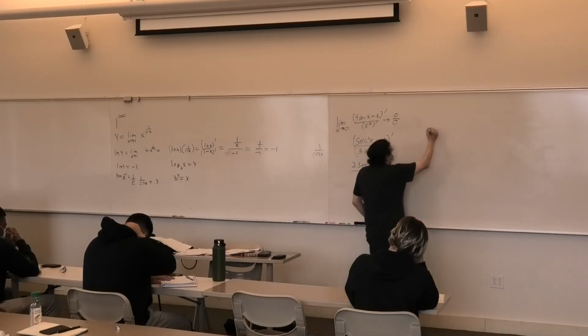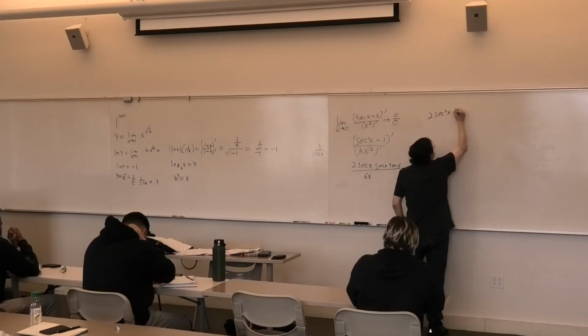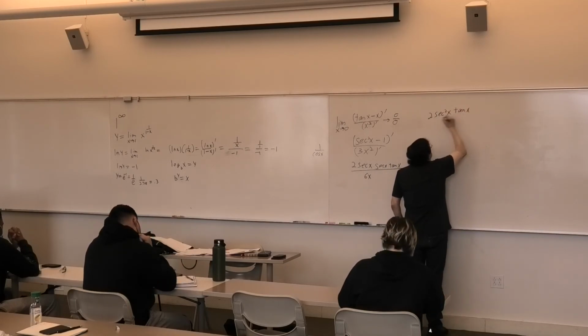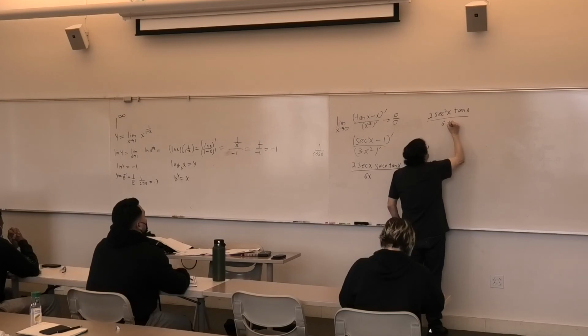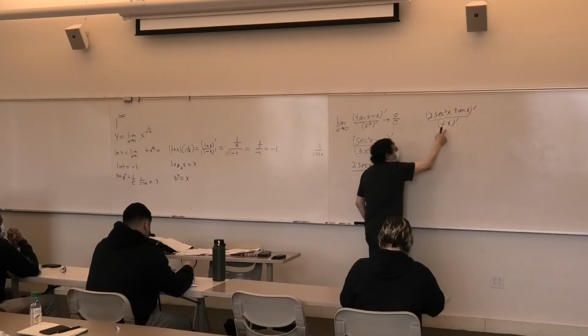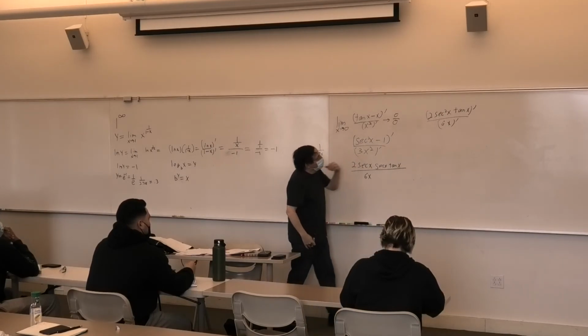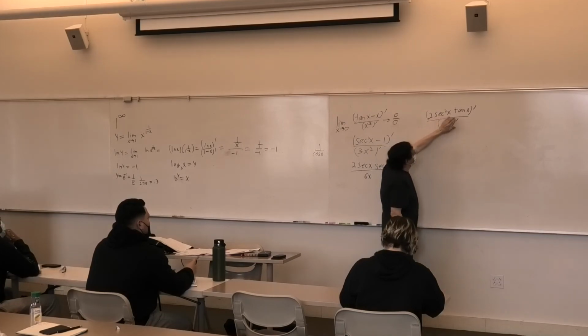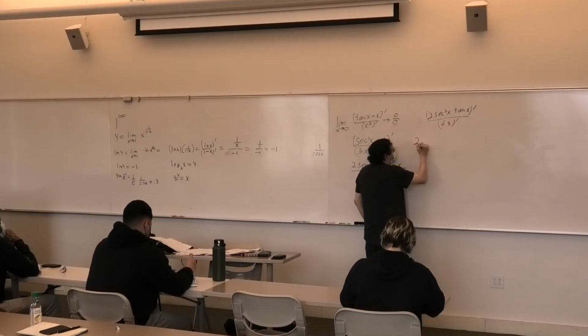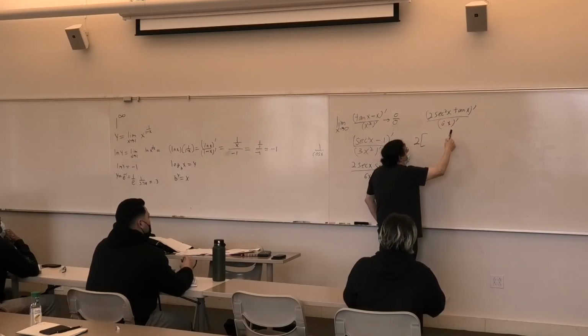So what do we have? We have 2 secant squared x tangent x over 6x. Well, at least we know we're not going to have to go any further. We just have to find the derivative here. So this is 2, and I'm going to have to use the product rule and the chain rule.